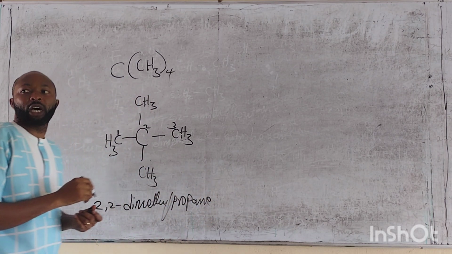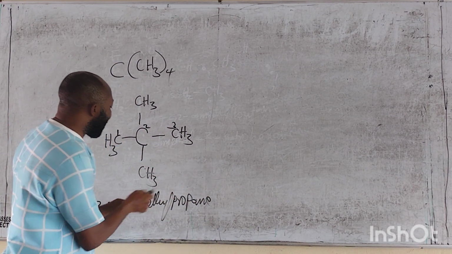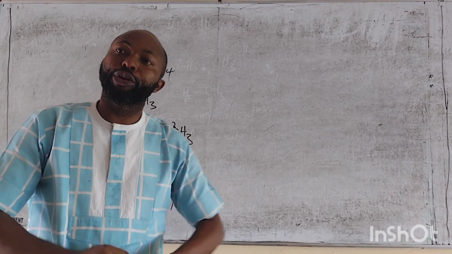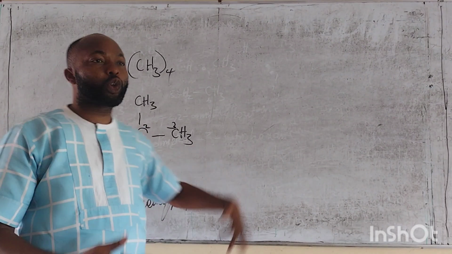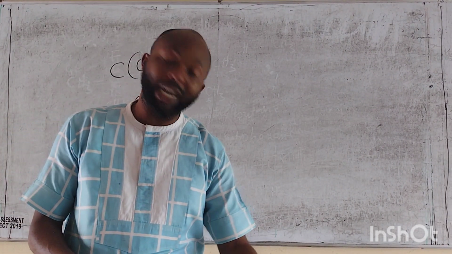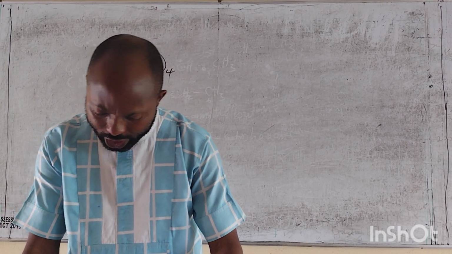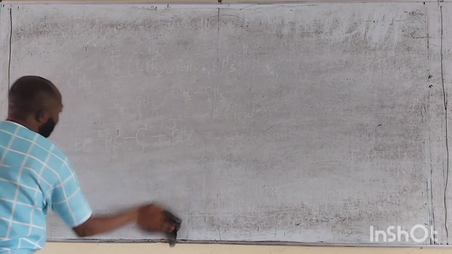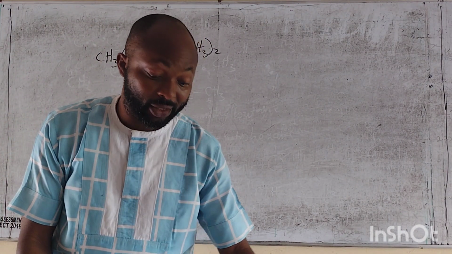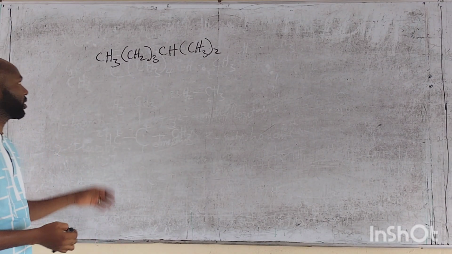So our interest majorly is to be able to write out the structural formula and name it, presuming that it wasn't given to us, like I'm giving you a structure to name. That is what we're doing. So let us take another structure and name it the way it should. This can be given to you any moment, any time, but you have to use your senses to deal with it.